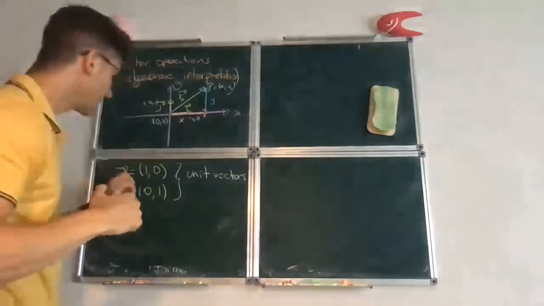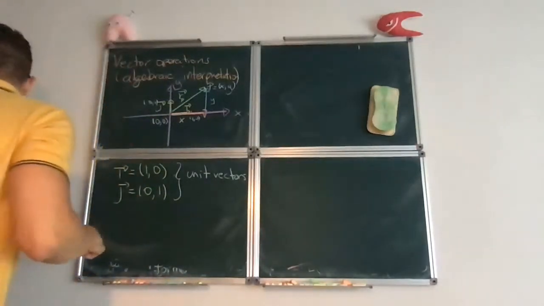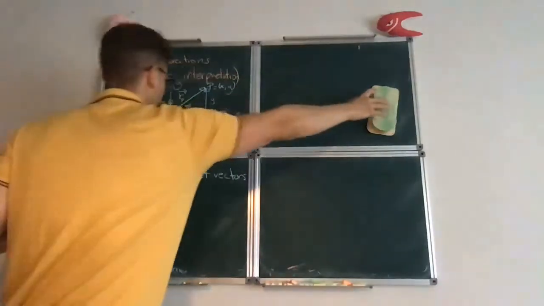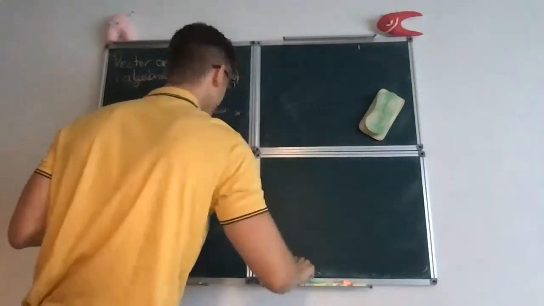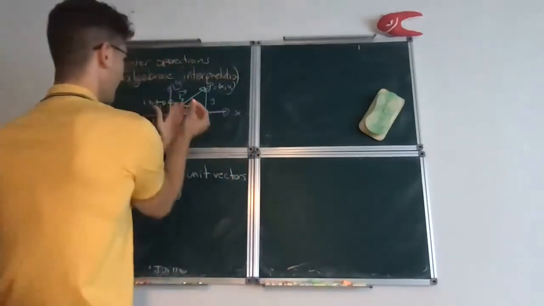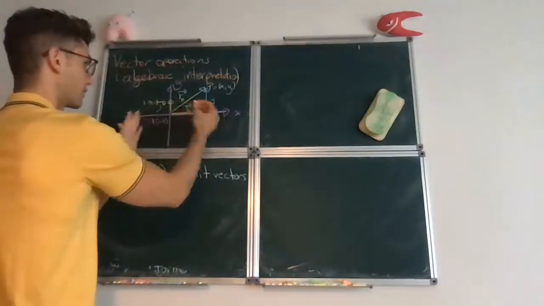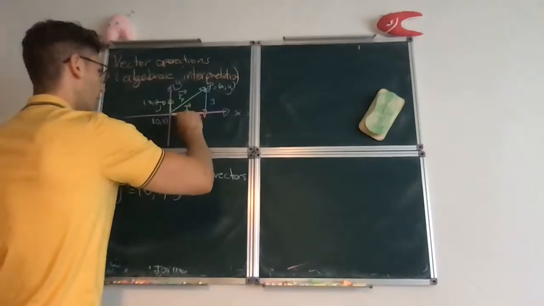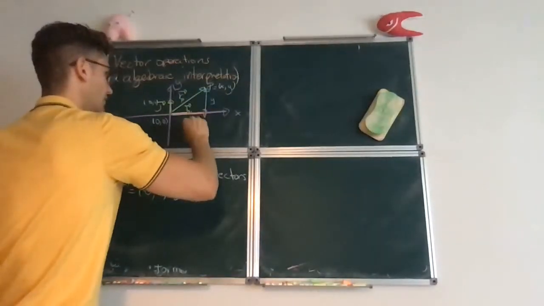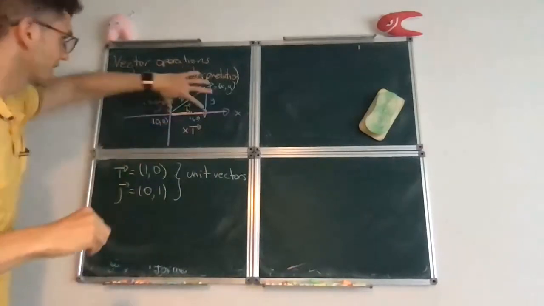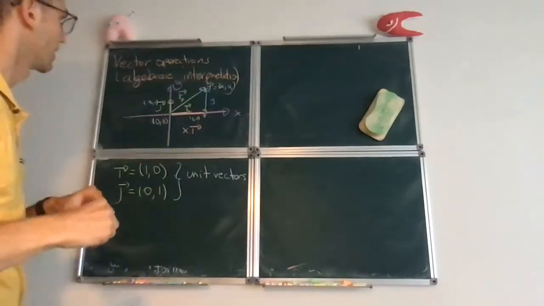So what that means is that this segment, when it's not 3 but just x, is just a rescaled vector of the vector i. And what's the rescaling factor? Well, it's precisely the number x. So you can think of this segment as the vector x times i.